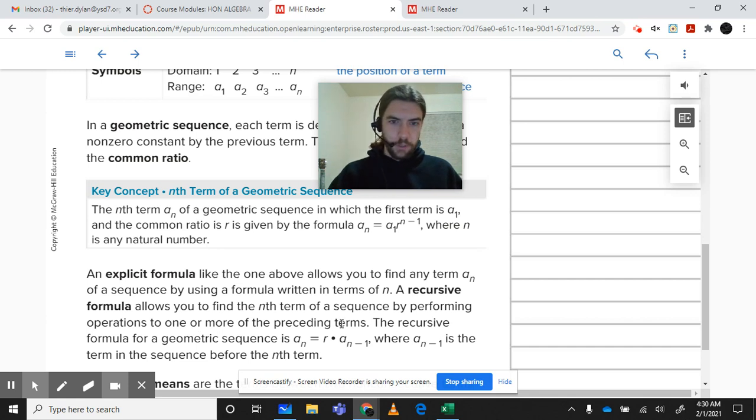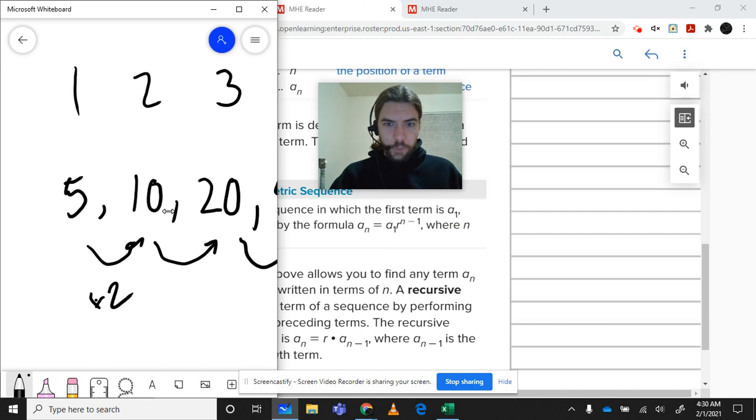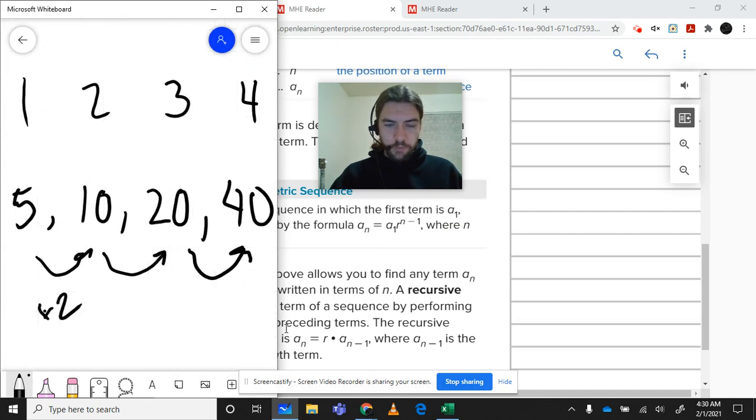Okay, so what are they saying here? They're saying that, for example, once again, let's just use the same example, if we want to find the fourth term, a sub 4, then that's going to equal 2, our constant that we're going by. So we're going to double a_(n minus 1).